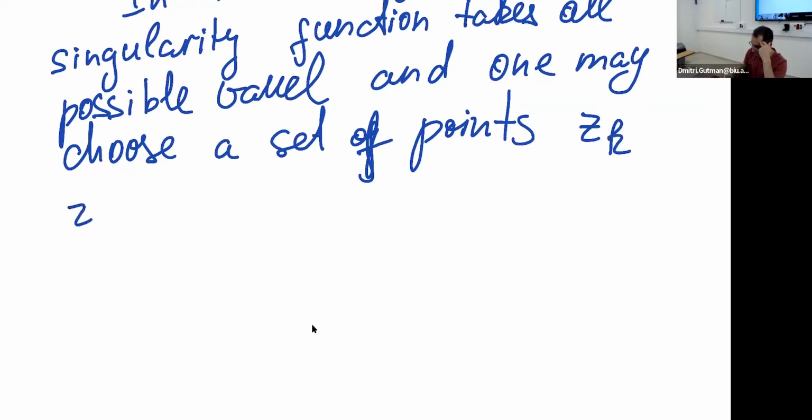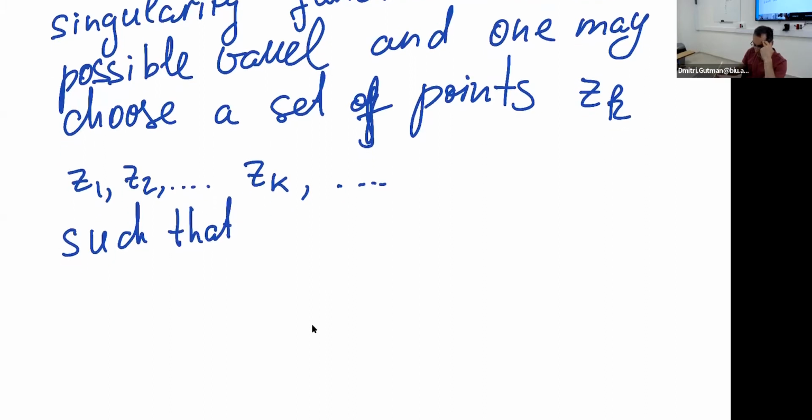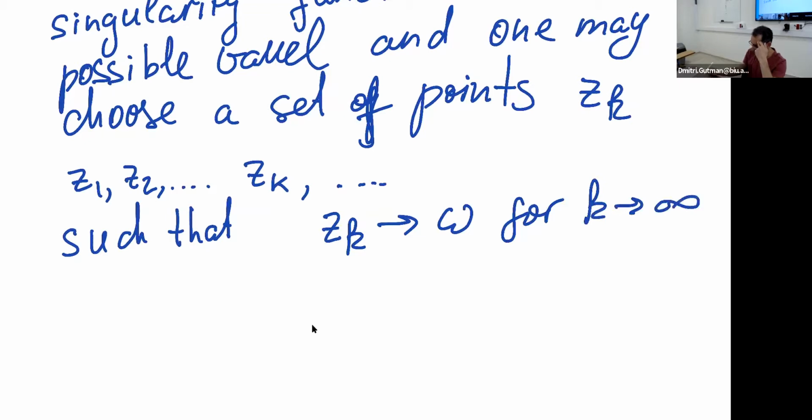So z1, z2, zk, and so on, such that as k increases, zk approaches w, for k approaching infinity.